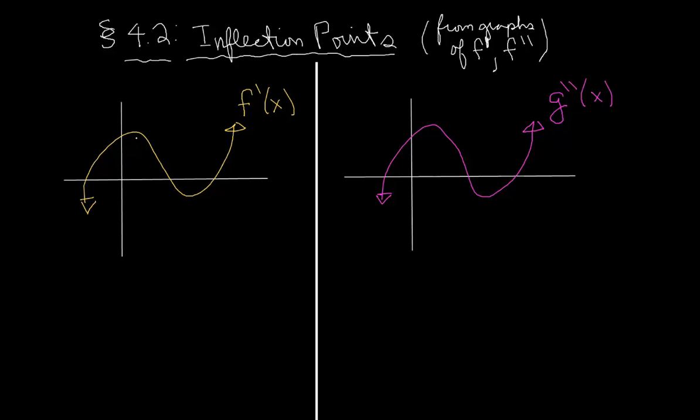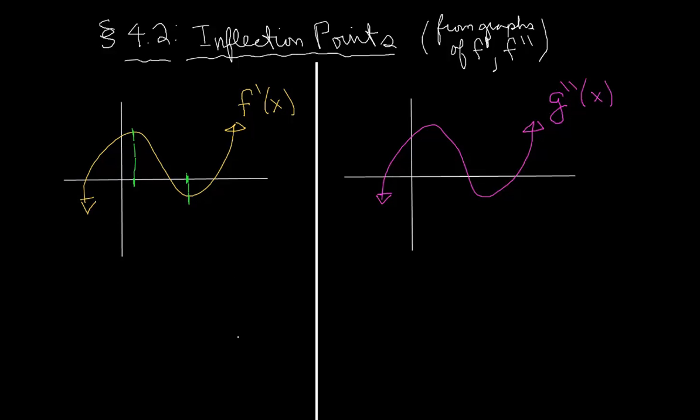So let's find those points. We notice here, to the left of this green line, the function is increasing, and then after it, it decreases. And it decreases all the way up until this next green line. Okay, and then it increases after that.